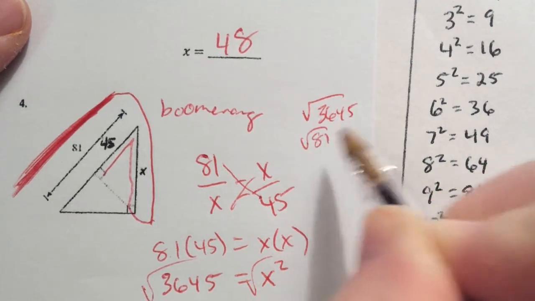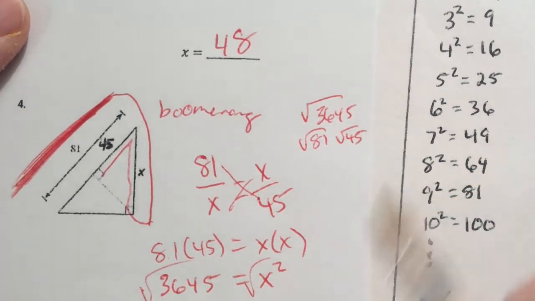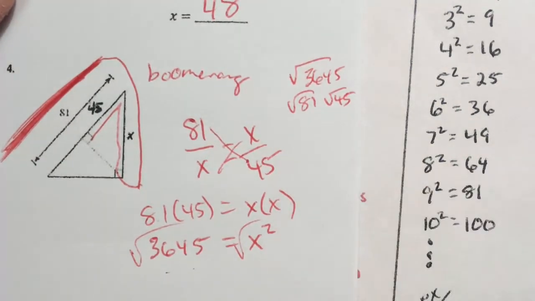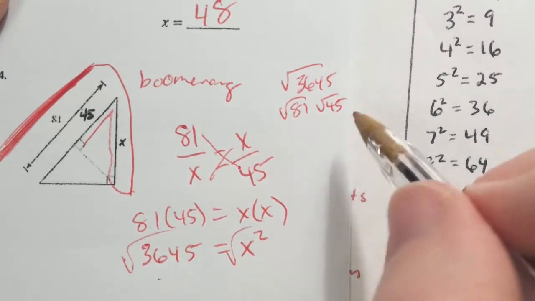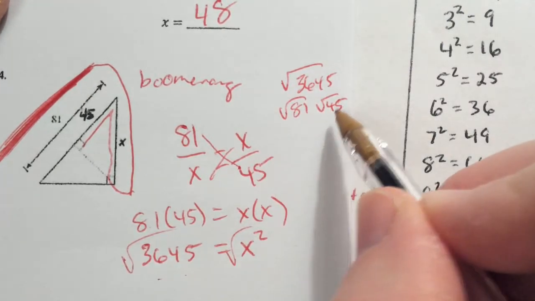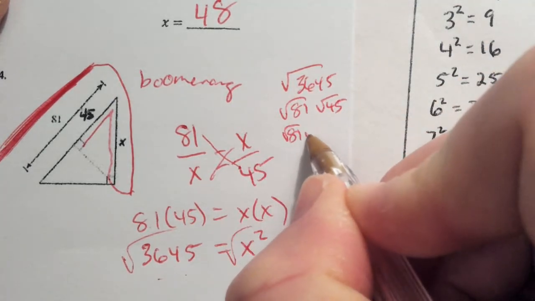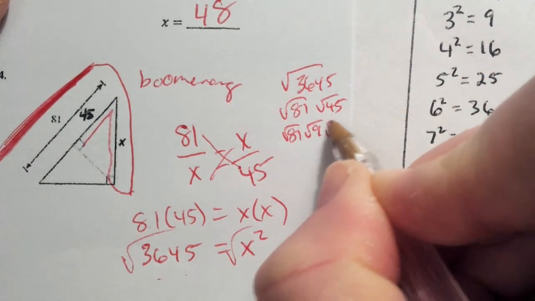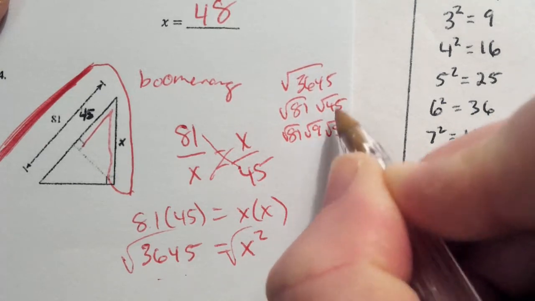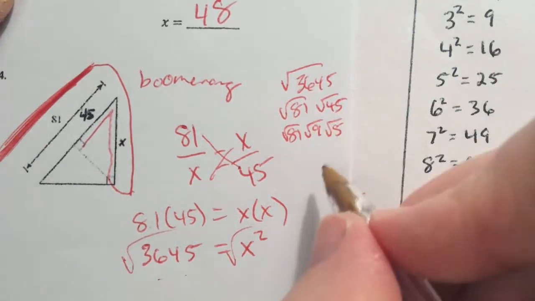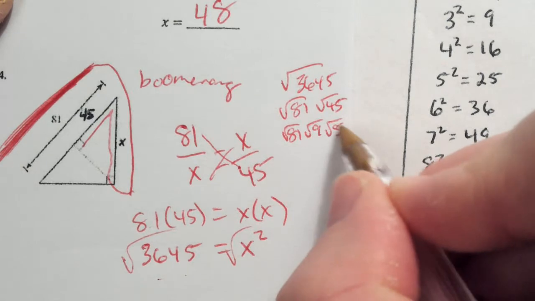Square root of 81, and I'll be left with the square root of 45. Okay, because that's a square. All right, 45. What can we take out of 45? I can take out a 9. So square root of 81 is still there. I can take out square root of 9, and you'd be left with 5. 9 times 5 is 45. Okay, and that's as far as I can go. 5 can't break down anymore.